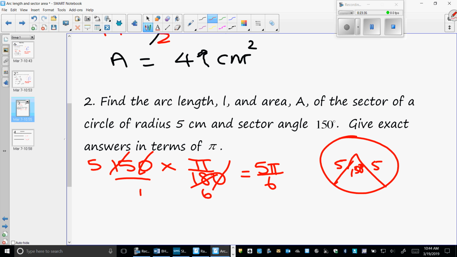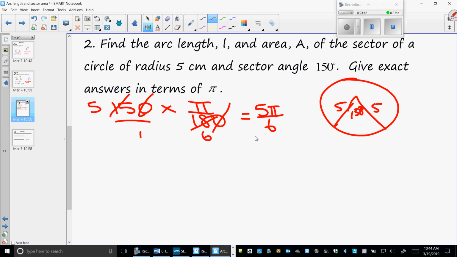Right, so that's my angle. So now I can say that length is going to be r multiplied by theta. So we've got 5 multiplied by 5 pi over 6. That's r theta. That's equally over 1.